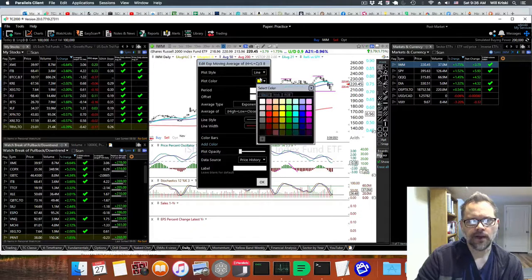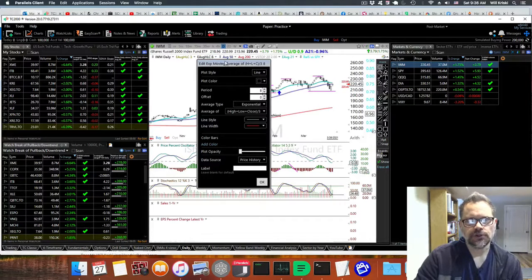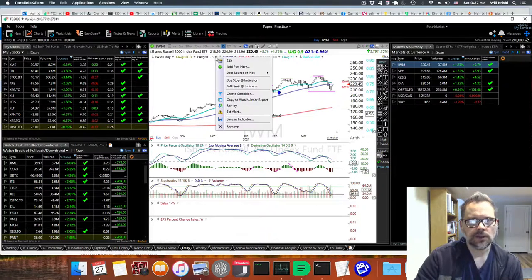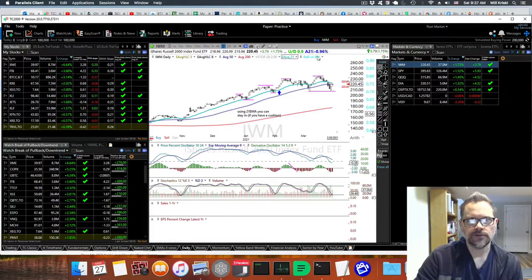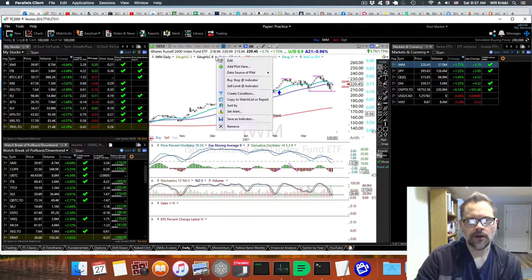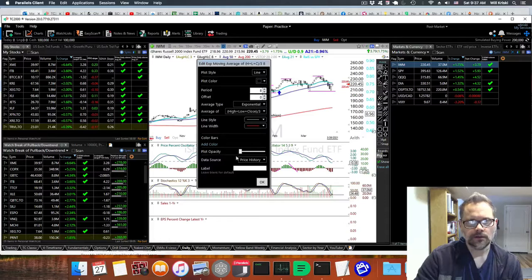So if you have a moving average, you click on that little arrow and it pops up. I'll do it again. So you click on the arrow of any of these moving averages. So these are the moving averages or whatever indicators you have on the chart. And then there's some indicators down here as well. So if you click on the arrow and you say edit, there's this opacity line.